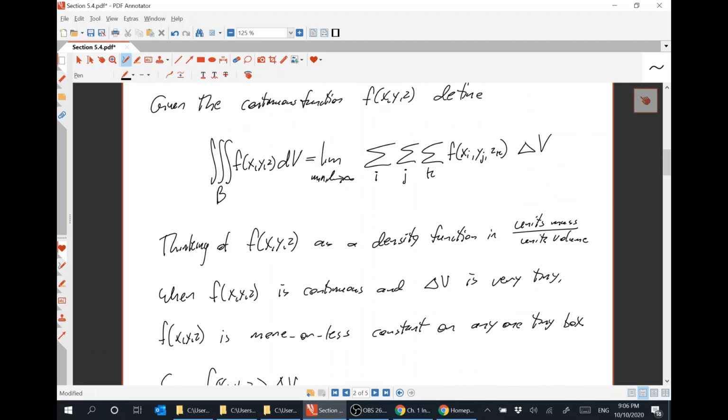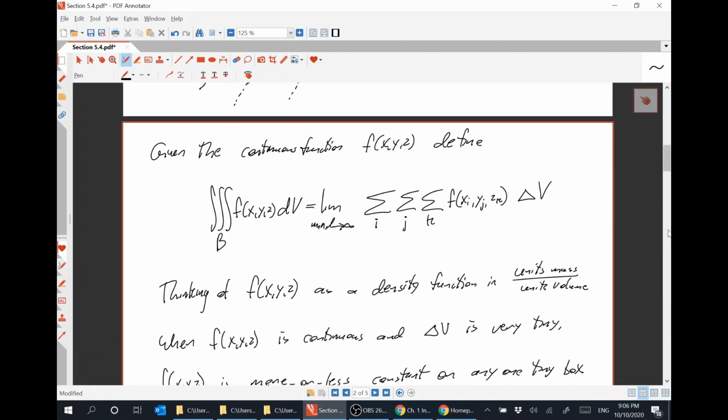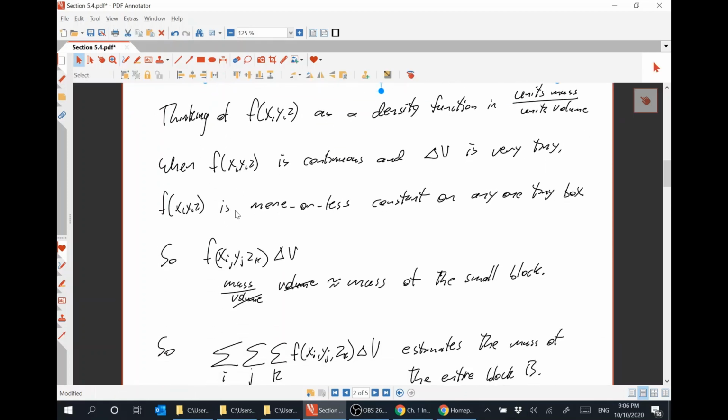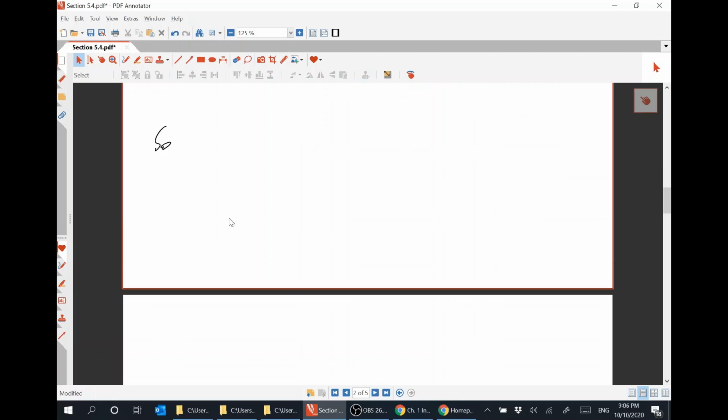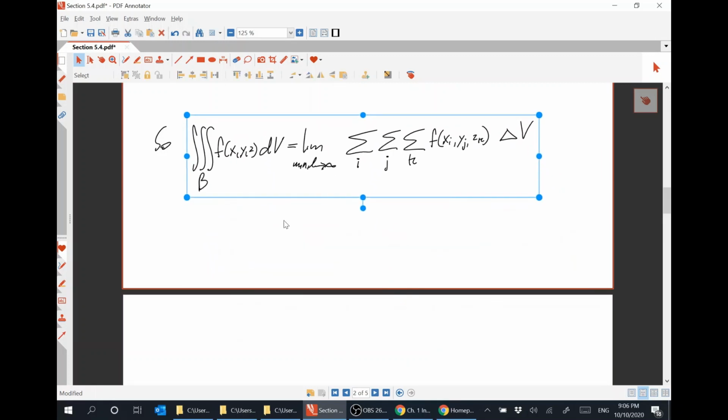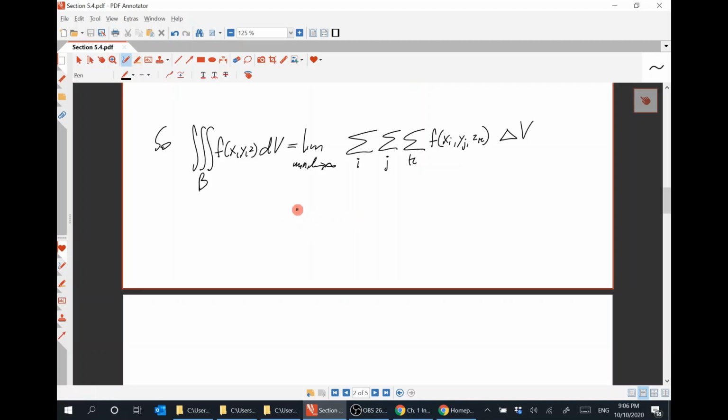So the triple integral, which is the limit as delta V goes to 0, or as m, n, and l go to infinity, no longer estimates, but equals the mass of B with density function f. So you've got that variable density function, now you've got the mass.